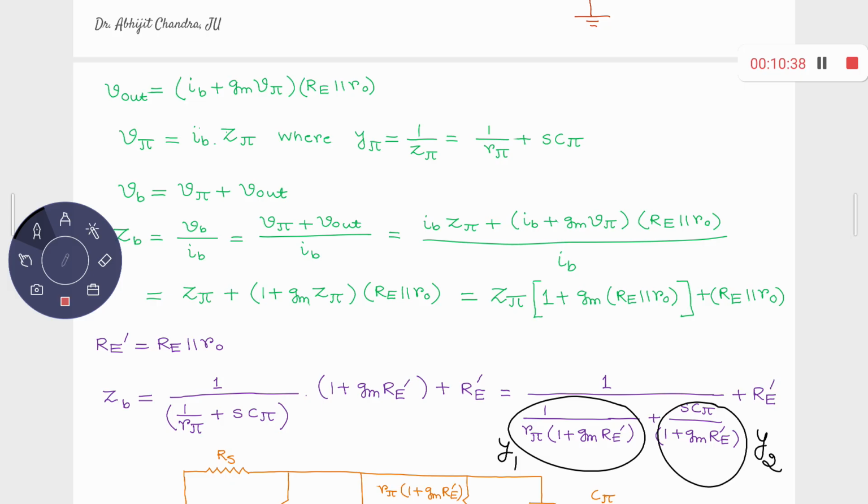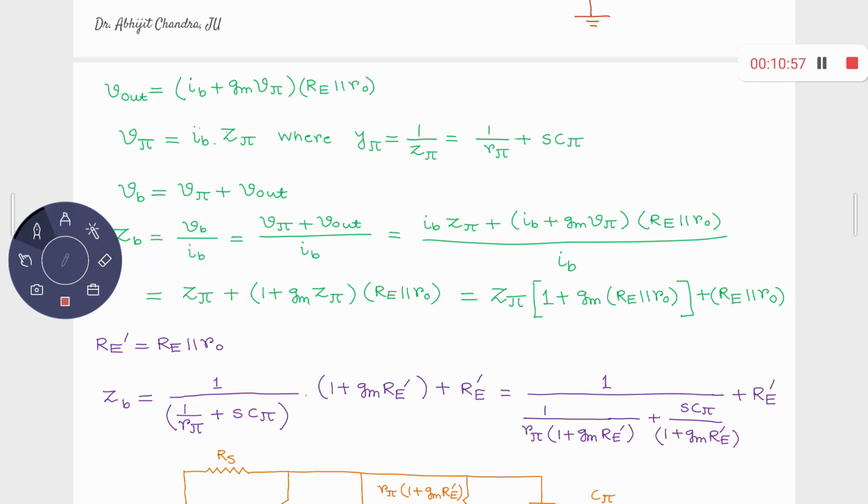So Y1 plus Y2, 1 upon this. So two admittances are in parallel condition. That's why the admittances are added together. 1 upon Y1 plus Y2, plus you have something Re prime. Right. Therefore, since ZB can be represented in that particular form, I can modify my expression.